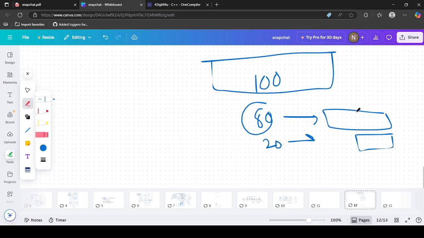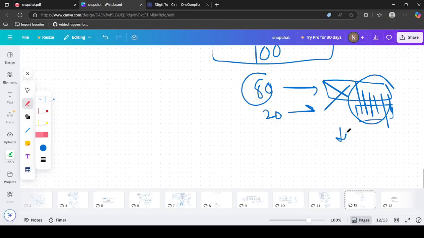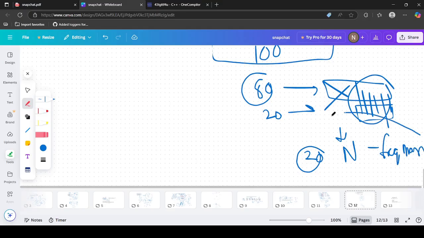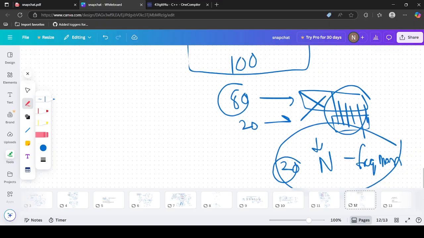But now what can be observed? We can pair all these 20 with 20 of the maximum one, and the other 60 will be left because we cannot pair those. So now what will the answer be? It will be 20 here. And what is 20? It is n minus the maximum frequency. So n minus maximum frequency will be our answer.